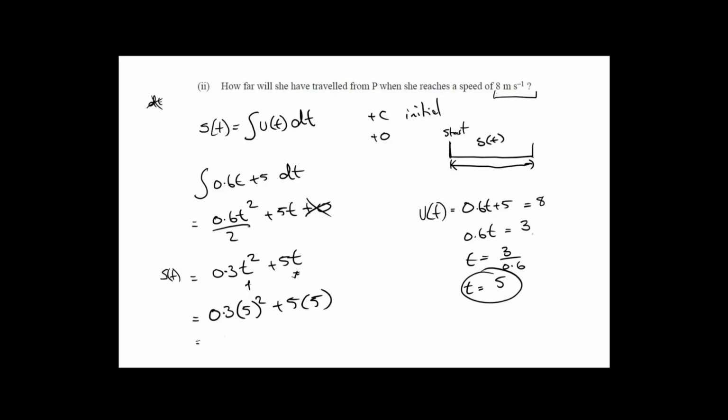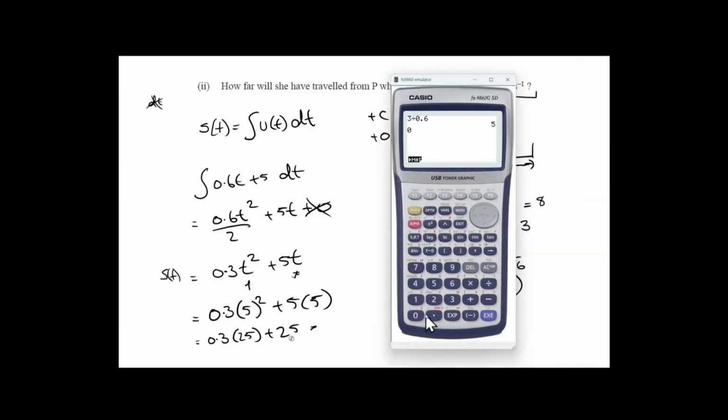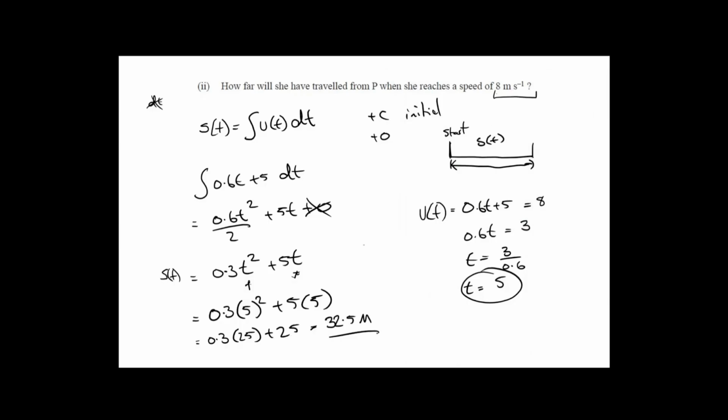So it's going to be 0.3 times 25 plus 25. 0.3 times 25 is 7.5, plus 25, so 32.5 meters. So by the time she is at the velocity of 8 meters per second, she's covered the distance of 32.5 meters.